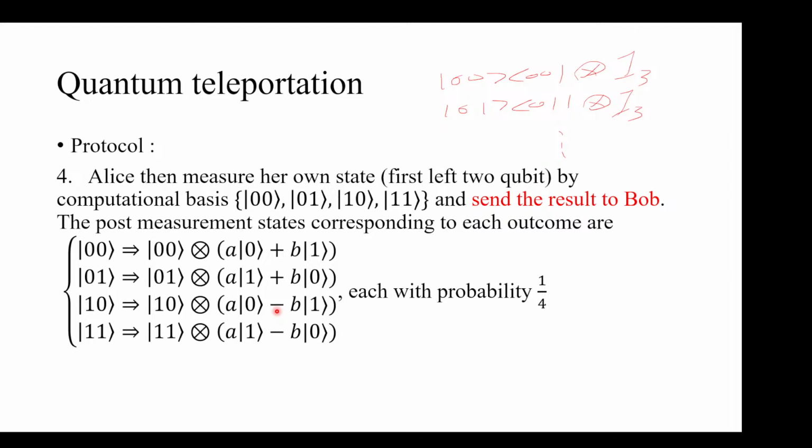Remember the first qubit is on Alice's side, and the third qubit is on Bob's side. So this is something weirder than you might think. Still, this is on Alice's side, and this is on Bob's side. Okay, and so something interesting happens. Depending on Alice's measurement outcome, Bob will have a different state he holds, and this really changes instantaneously.